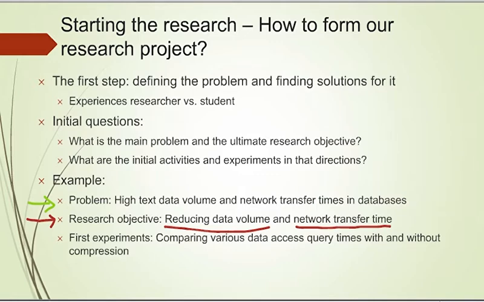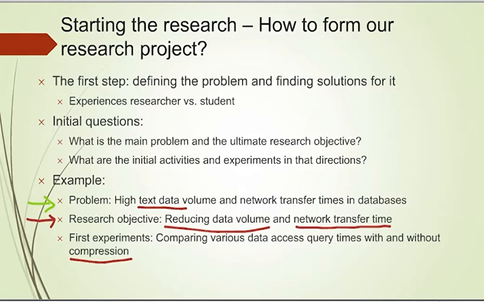Say, for example, my idea to reduce data volume is to use compression. Why would I go for compression? Because I have text data. I know that text data can be compressed well. Okay? So I think compression is a good idea. I say, okay, my database is slow and my data volume is high.